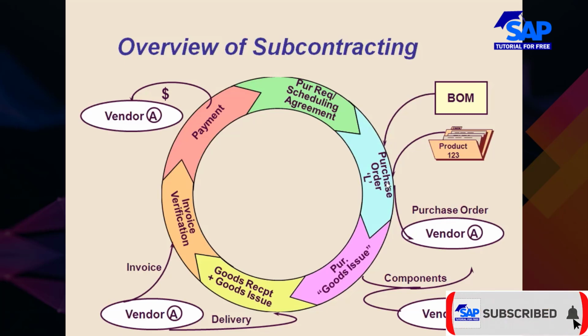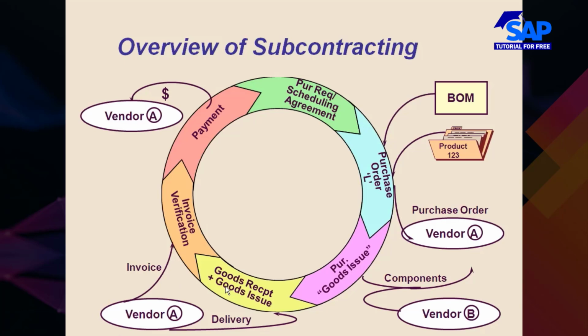Once you have done this, the components will be available with the vendor. He will perform the contractual work, and then you receive those components upon which the vendor has done some work, either as a finished product or as a semi-finished product, for which you will do goods receipt.